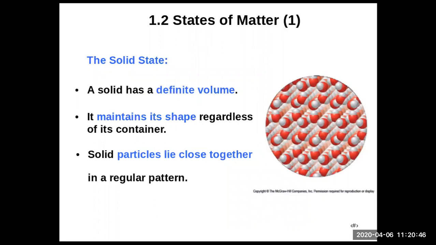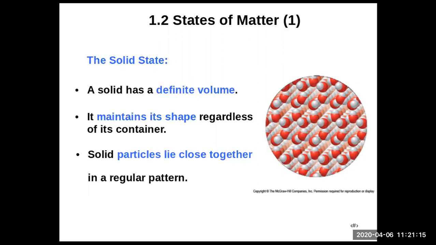There are three states of matter: the solid state, the liquid state, and the gaseous state. We will start looking at the solid state first. By definition, we recognize a solid state because when matter has a definite volume, when the volume is definite and doesn't change, you cannot compress it or expand it.